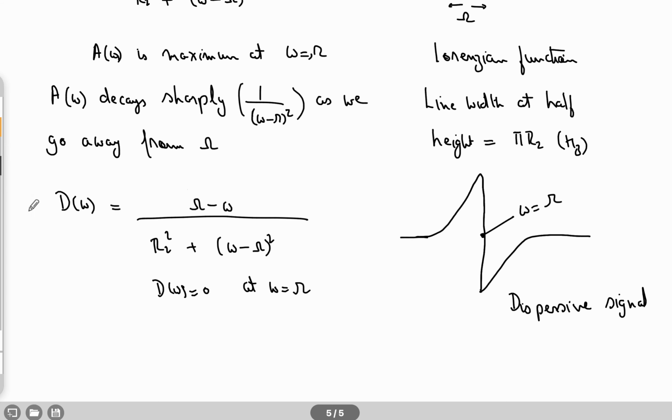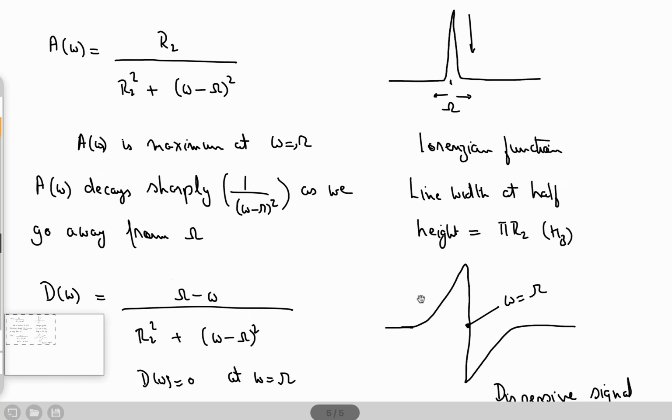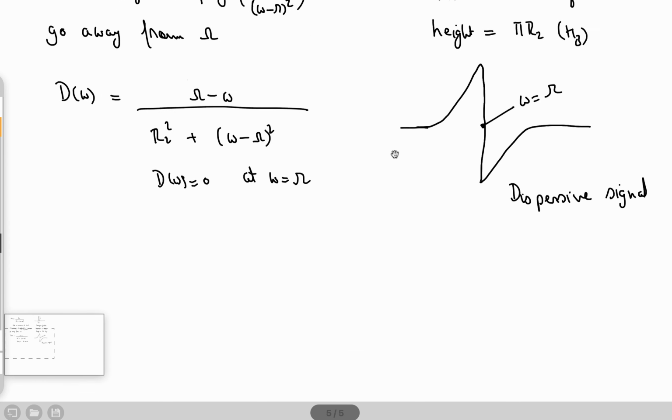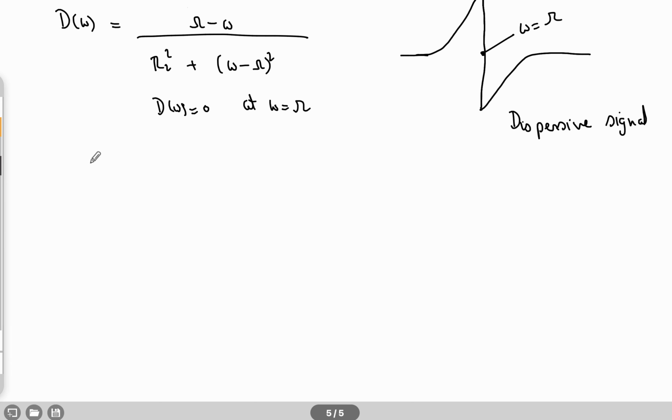So what we are interested in is the absorptive signal, which is of this shape, right, and is of a favorable line width. Now let's say you have the sample CH3CH2OH, in which you have a linear combination of 3 offsets.